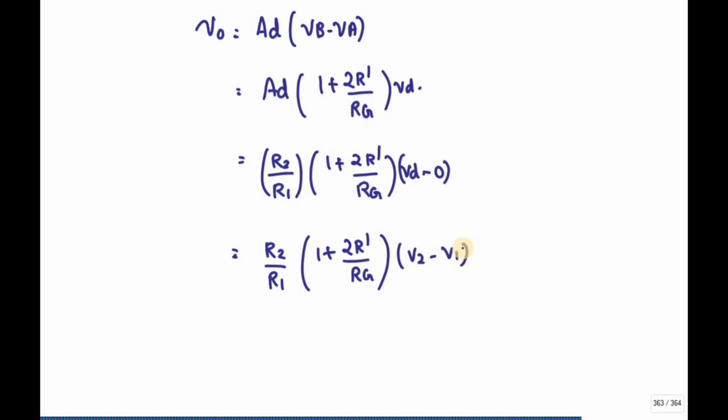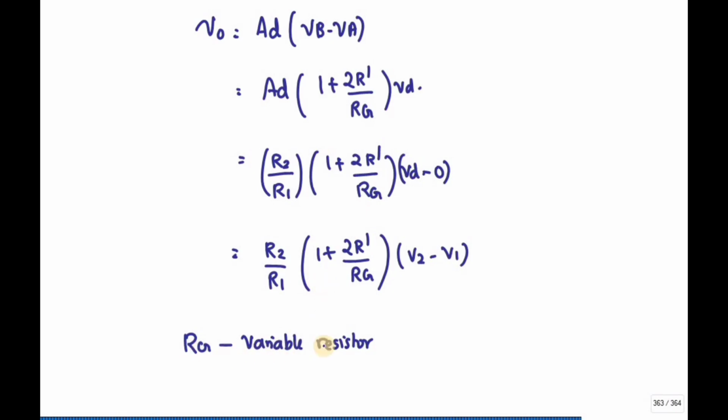So here you can see the instrumentation amplifier depends on RG, if I vary the value of RG. The RG is nothing but a variable resistor which is connected externally. The rest of the resistors are internally fabricated, right?